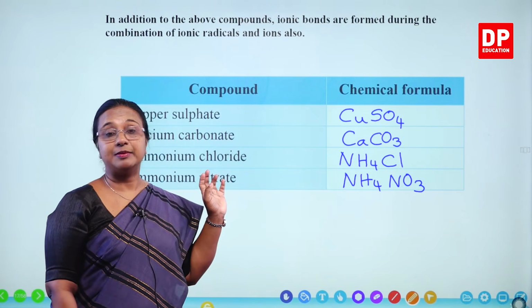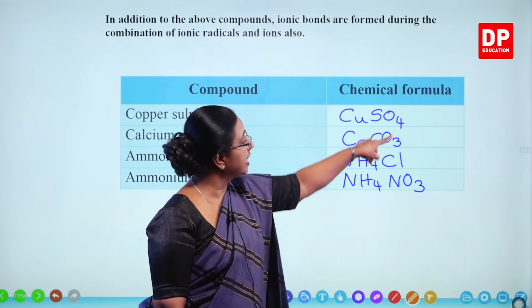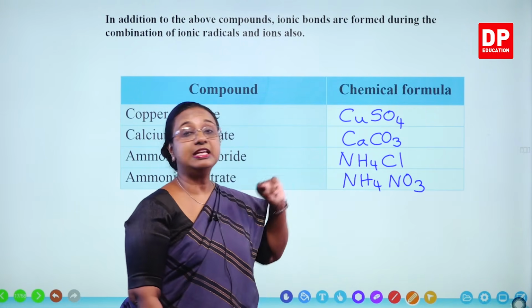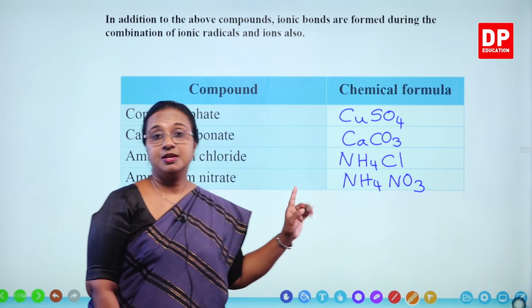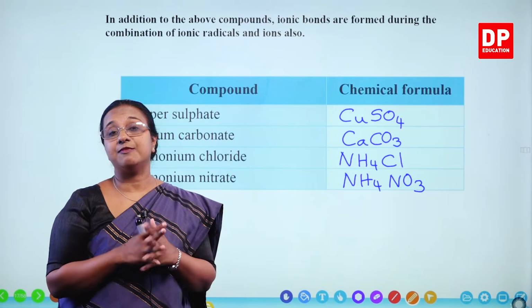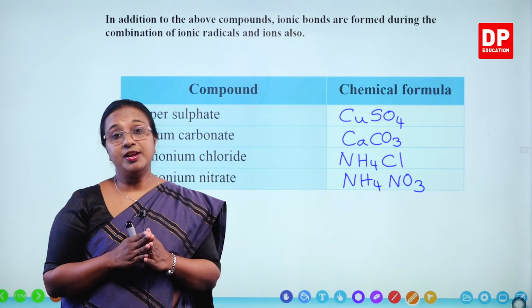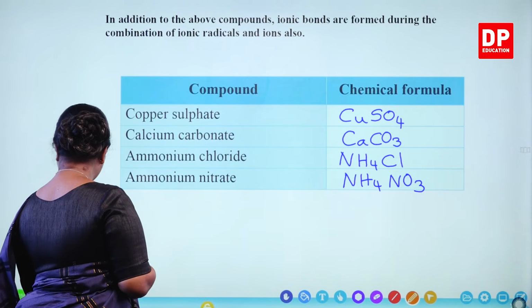So here you can see ions of atoms and radicals, again a radical and a negative ion from an atom, then both are radicals. Like that, different types of ions can combine and form ionic compounds. Is that clear to you all now? With that, I will move on to the next slide.